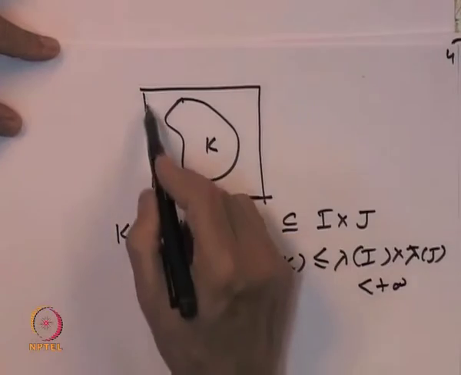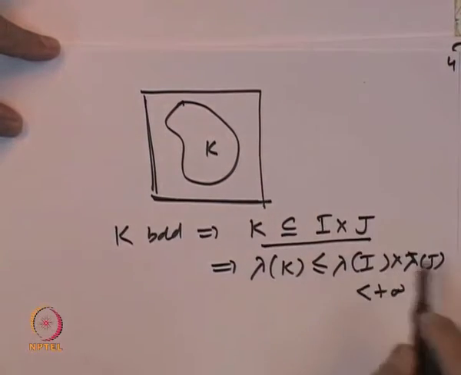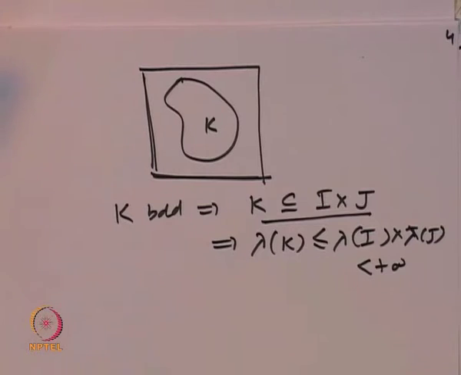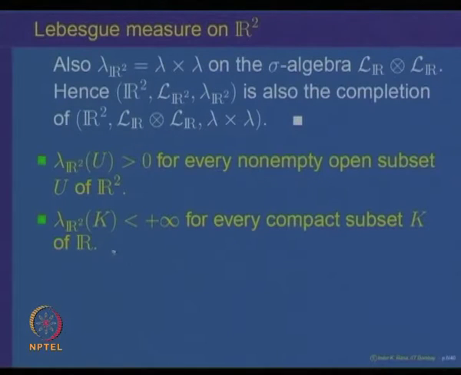So, there is a finite rectangle including it, and that means the measure is finite. So, these are two relations about open sets and compact sets.